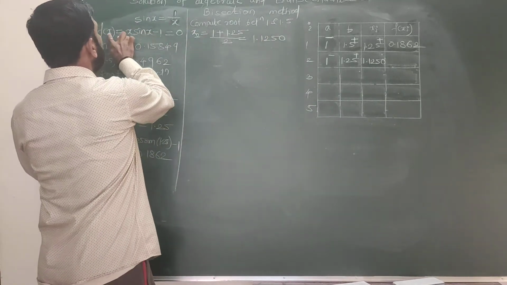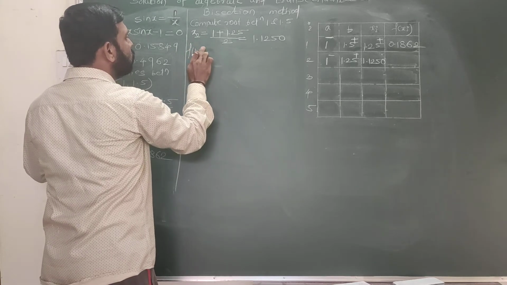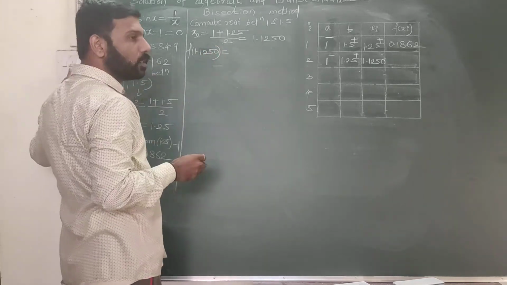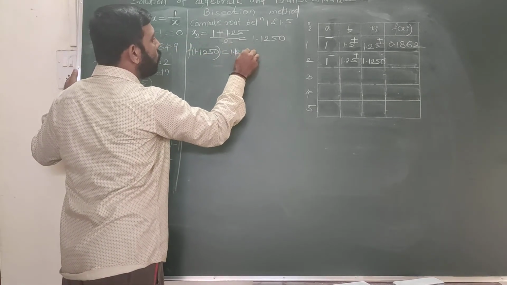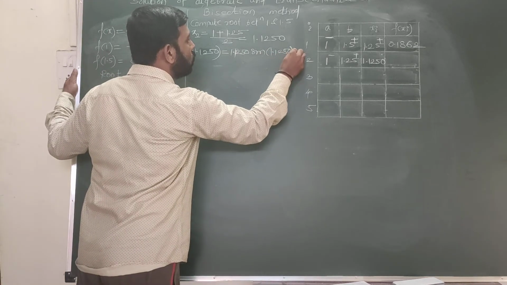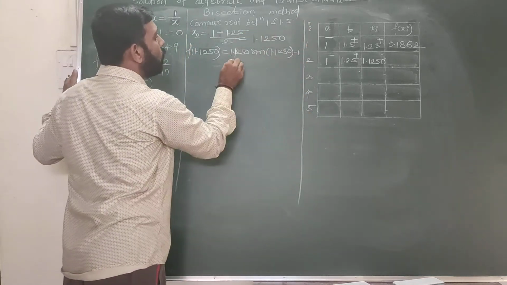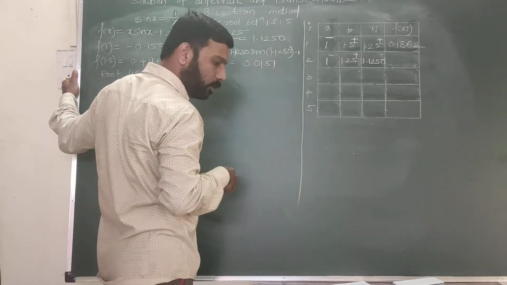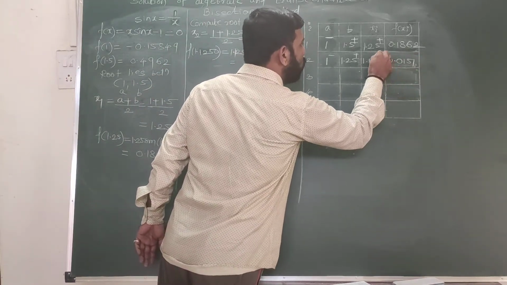Substitute this value in the polynomial again, 1.1250 sin of 1.1250 minus 1, and the output is 0.0151. So again the plus symbol is given here.